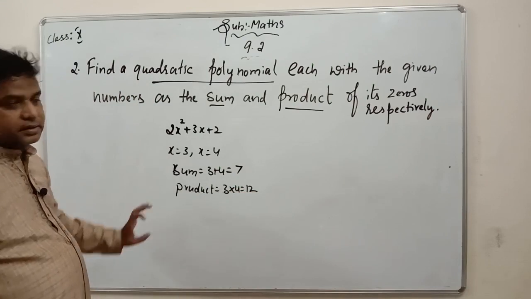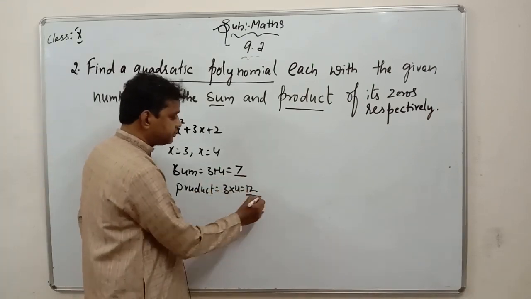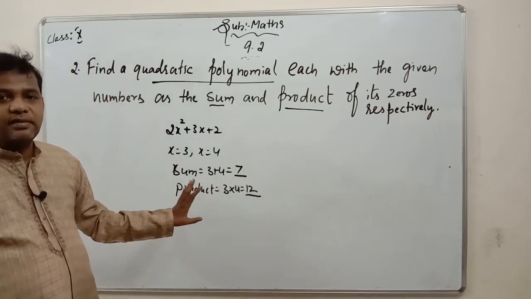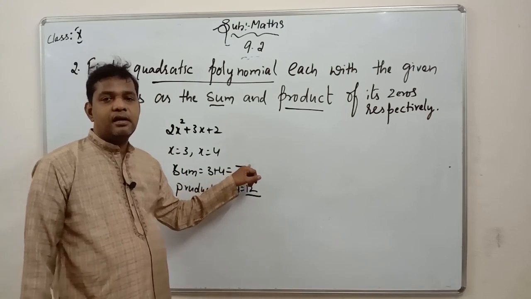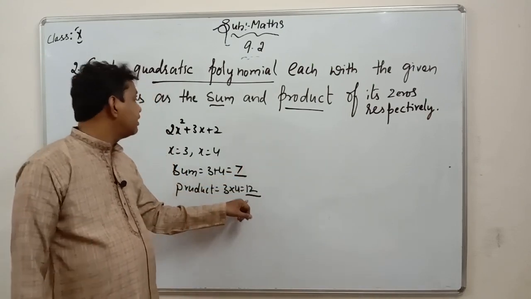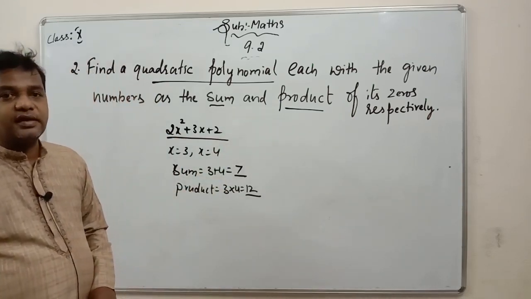So you used to do it like this. But now he has given 7 and 12. Getting the point? He has given 7 as well as 12 and is asking us to find this equation. So how to find this equation?